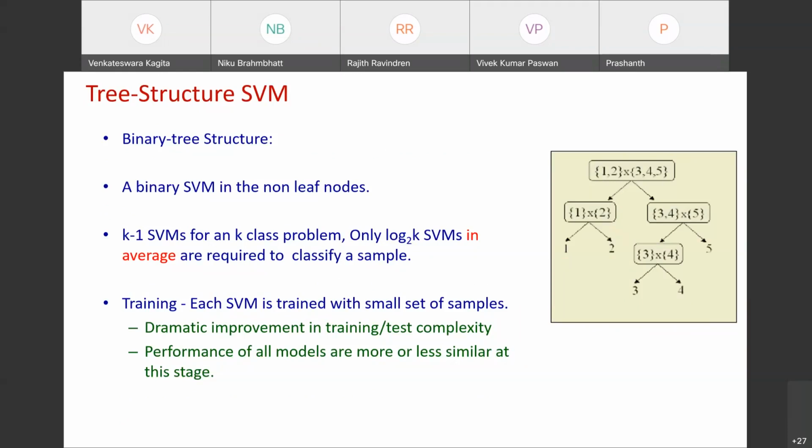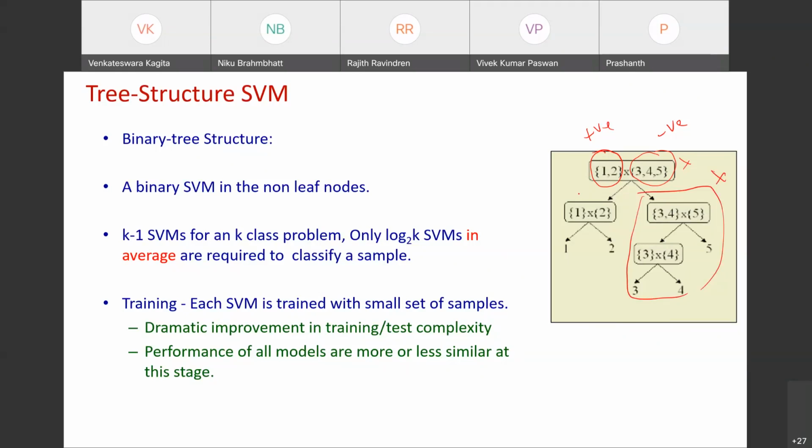Here, instead of checking 1 against 1 at each and every node, we have a subset of classes as one class and the remaining classes as another class. For example, 1, 2 is the positive label and 3, 4, 5 is the negative label. It can be the other way also. Once we say that it is 1, 2, we can ignore 3, 4, 5. So this branch can be completely ignored.